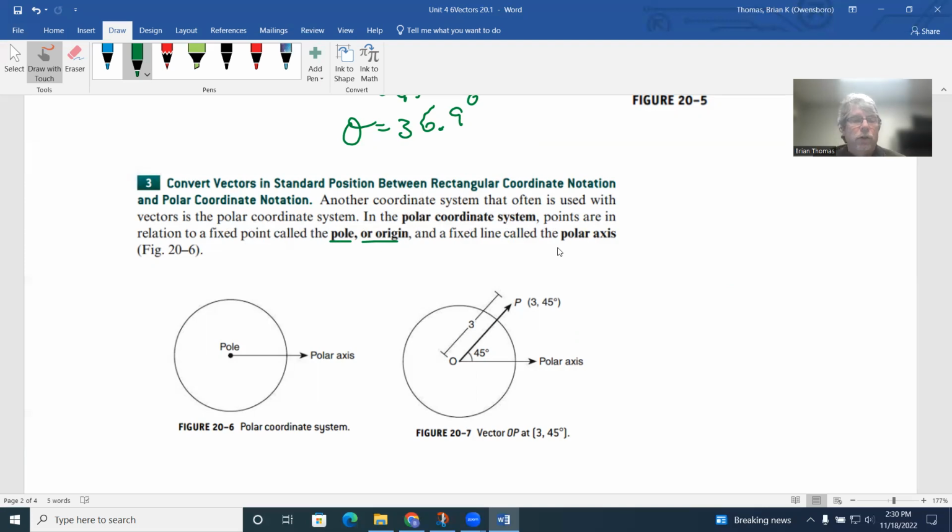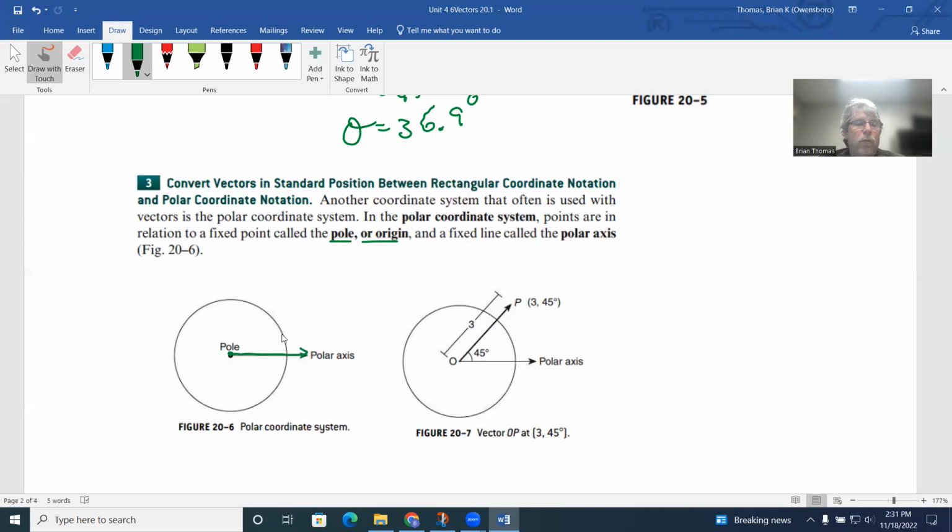So instead of having an x-axis and y-axis, we have just a specific point called the pole or the origin, and then we have what's called the polar axis. Notice how that's kind of like a vector. This vector is going to be rotating around.